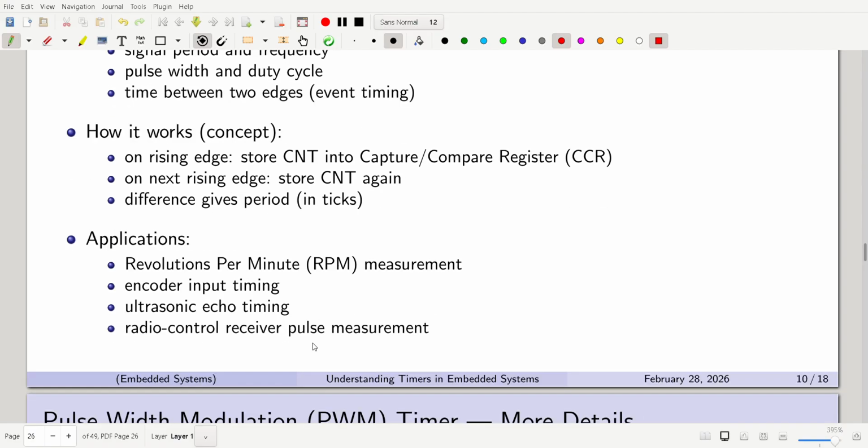Applications include finding speed in revolutions per minute and encoder input timing, and we can also find how the encoder sensor data timing gets updated and what the frequency is. We also use it for ultrasonic echo timing and radio control receiver pulse measurement.